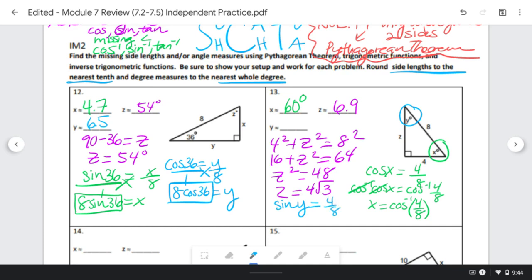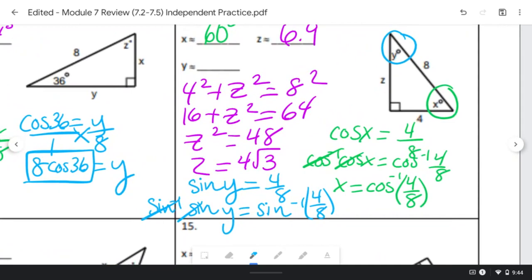And then we take the inverse of both sides. These cancel out, and what you end up plugging in is y equals sine -1, 4 over 8.